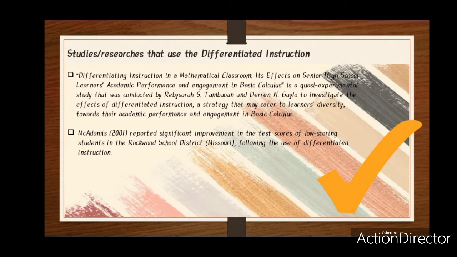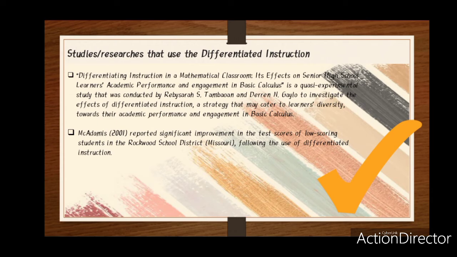Now let us head to the studies or researches that use differentiated instruction. Differentiating instruction in mathematical classroom, its effects on senior high school learners' academic performance and engagement in basic calculus, is a quasi-experimental study that was conducted by Rabbi Sarah S. Tamboan and Darren N. Gailo to investigate effects of differentiated instruction, a strategy that may cater to learners' diversity, towards their academic performance and engagement in basic calculus.